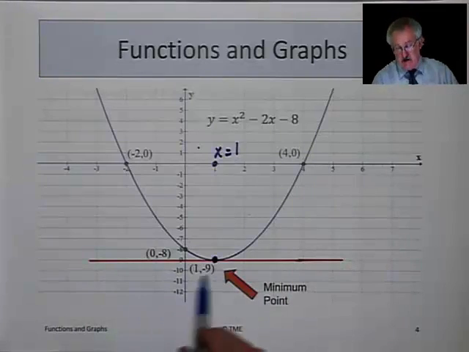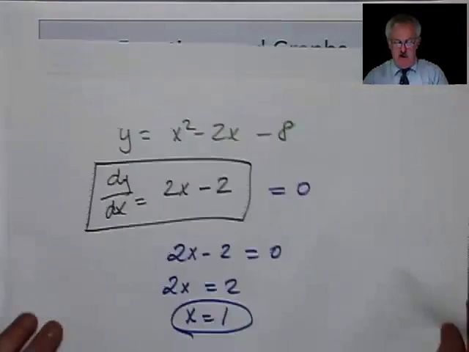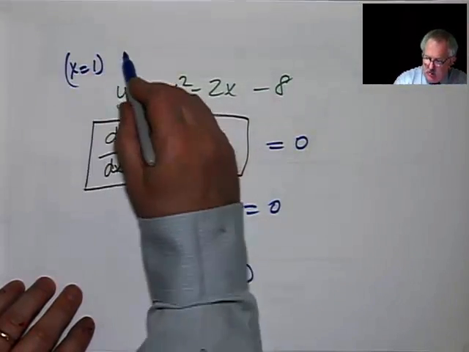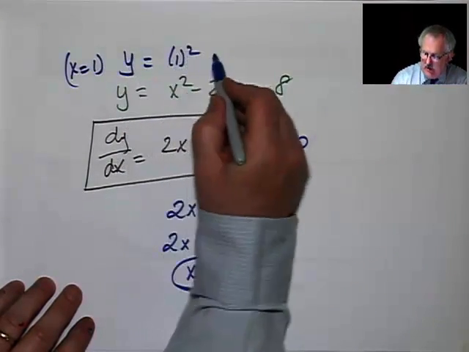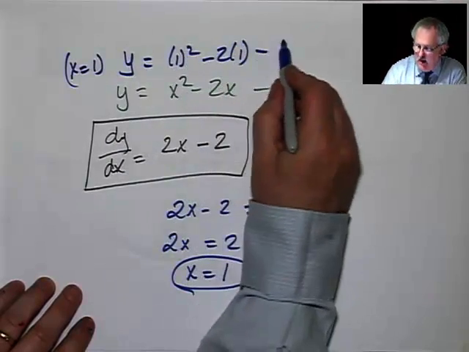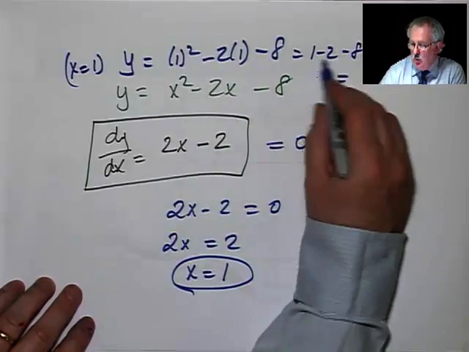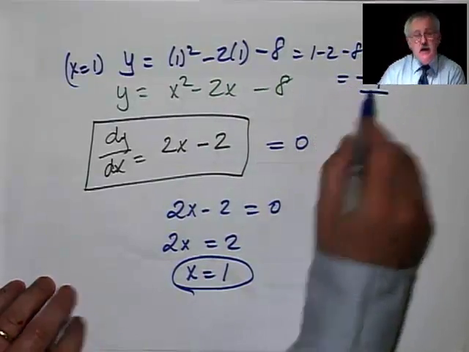Now what's the point when x is 1? Well, when x is 1, the function is here. So we say x is 1, so we say y is equal to 1 squared minus 2 times 1 minus 8. 1 minus 2 minus 8. 1 minus 2 is minus 1, is minus 9.